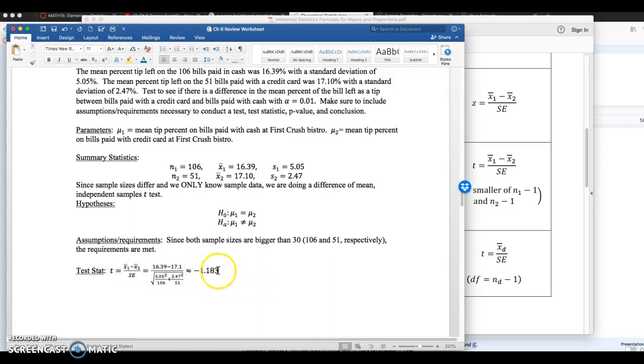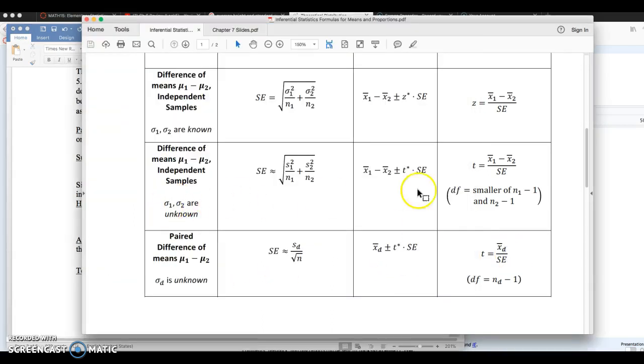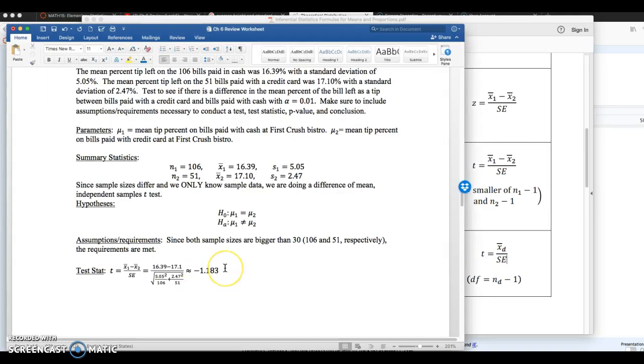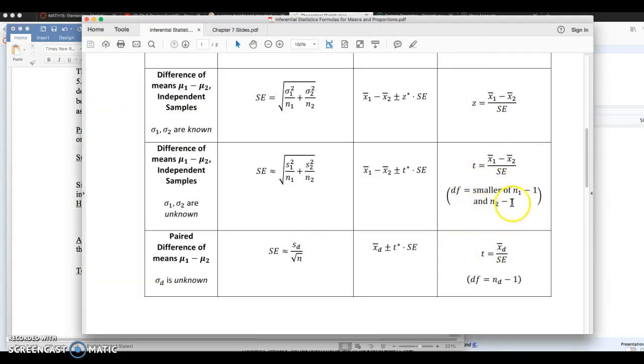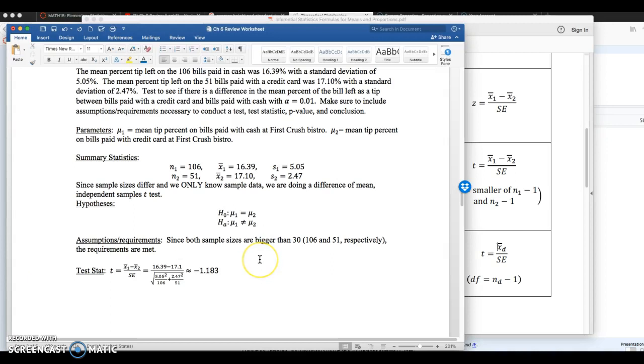All right, so I've got my test statistic. And for the p-value, I do need to know the degrees of freedom. Degrees of freedom is n minus 1 for the smaller sample size. So 51 minus 1 equals 50.